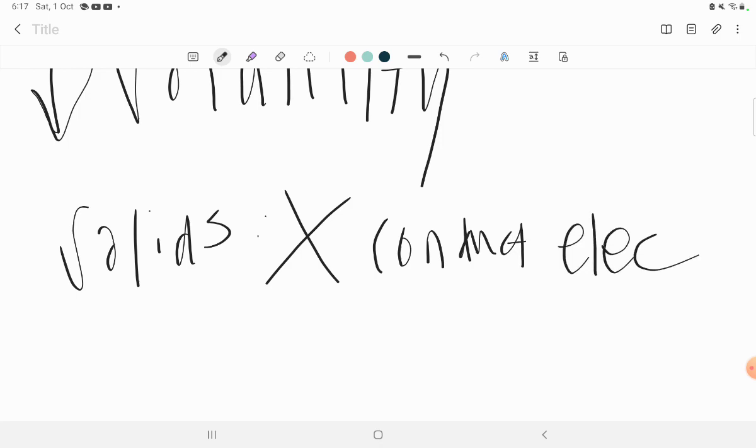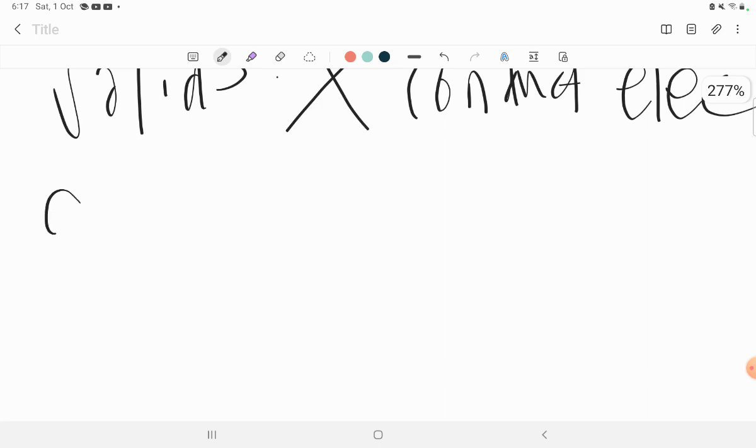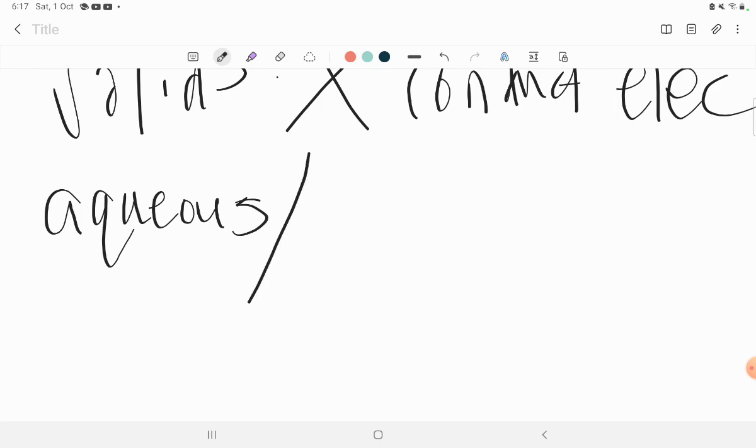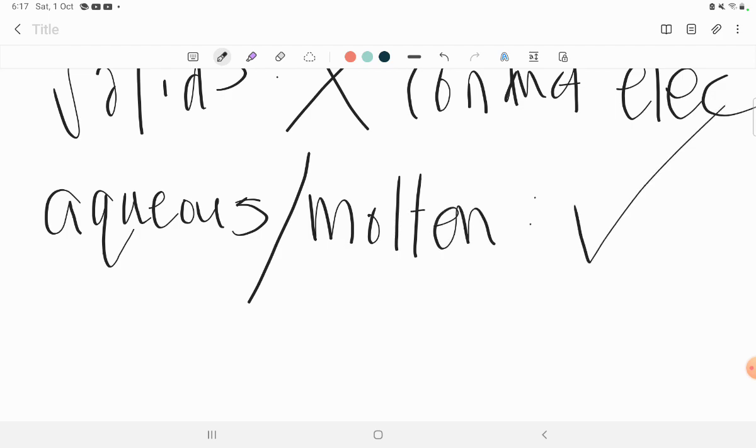However, when they are aqueous, or when they are in a molten state, they can conduct electricity.